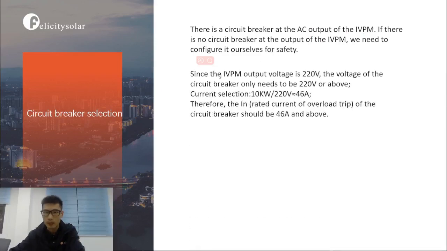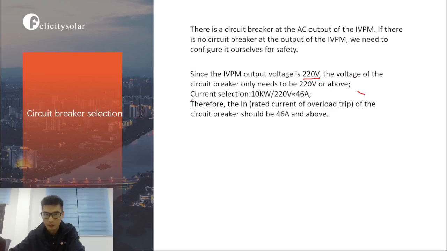So here, we're going to do the calculation together to learn how to choose the right circuit breaker. Since the IVPM output voltage is 220 volts, the voltage of the circuit breaker needs to be 220 volts or above. That's the principle. Do you remember? The circuit breaker rated voltage should be bigger than or equal to the wire rated voltage.